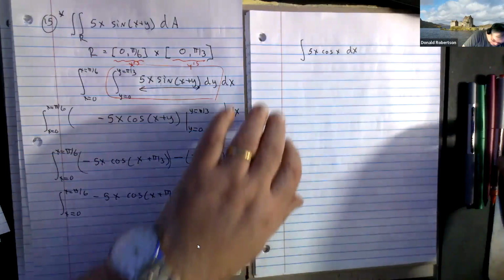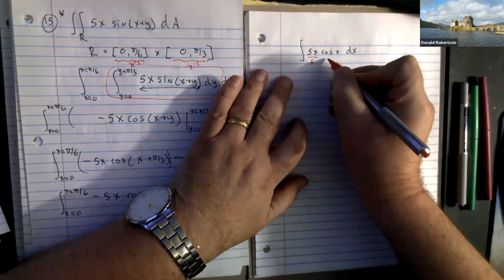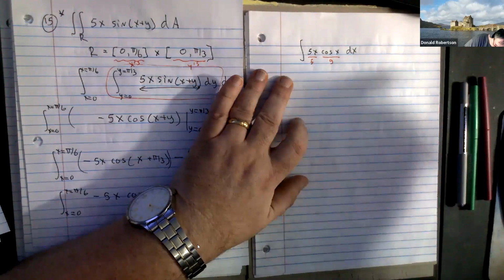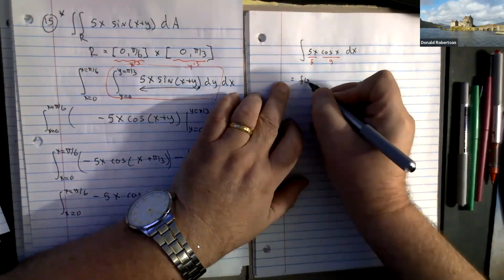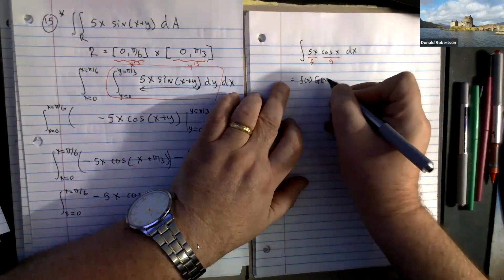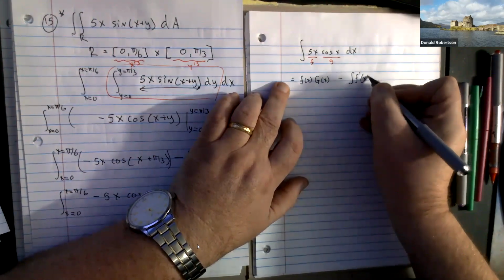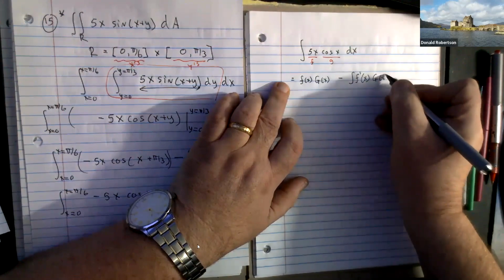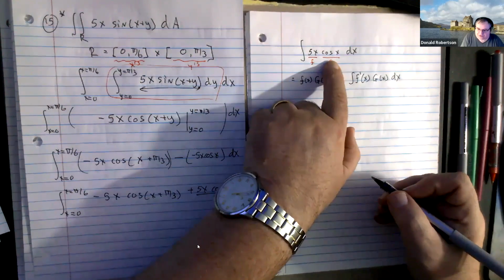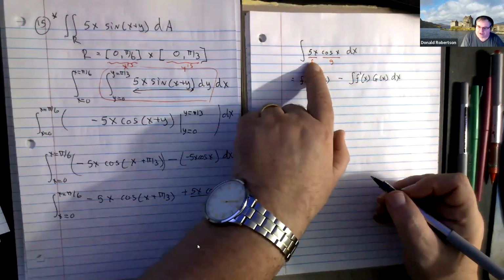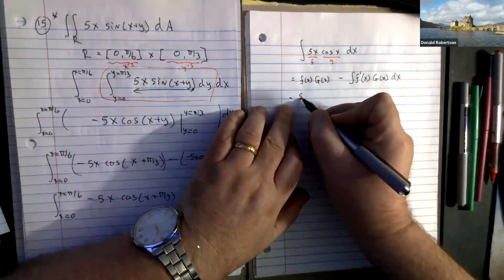If you do it by the f of x, g of x method, you will make that f of x and you'll make that g of x. And the formula is f of x, capital G of x, take away the integral of f dashed x, capital G of x dx, where capital G of x is the integral of g, and obviously f dashed is its derivative. So we'd get 5x.